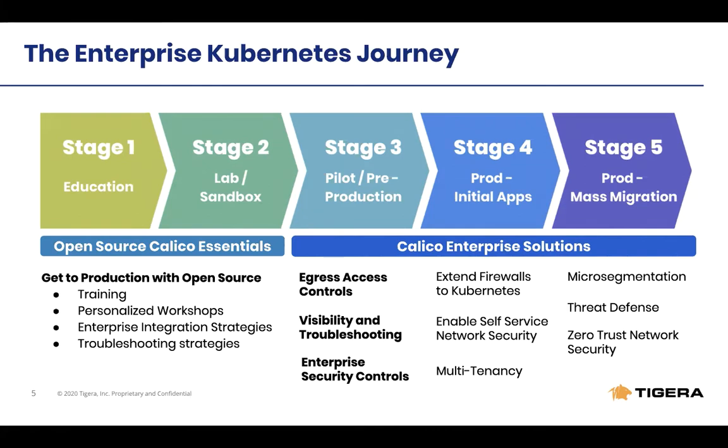And there's these 9 canonical use cases, and the 3 that you see here under stage 3 in bold are the most frequently encountered problems that we help solve for our customers. So things like enabling access controls for egress traffic. Inevitably, as you're standing up applications in clusters, those applications need to access resources somewhere else.